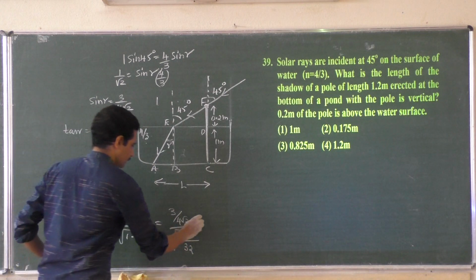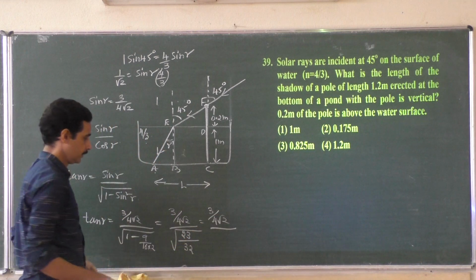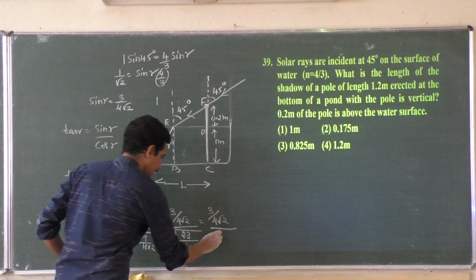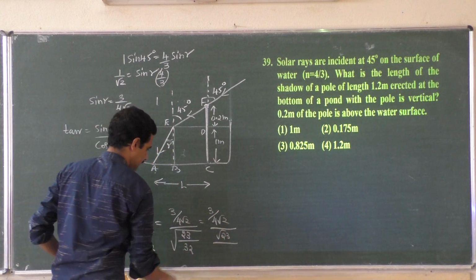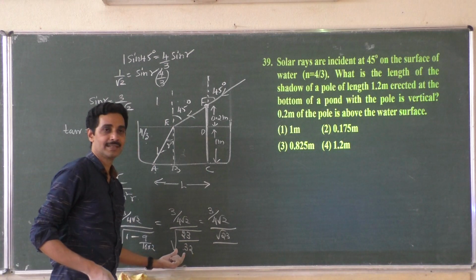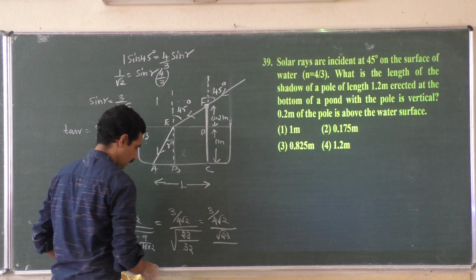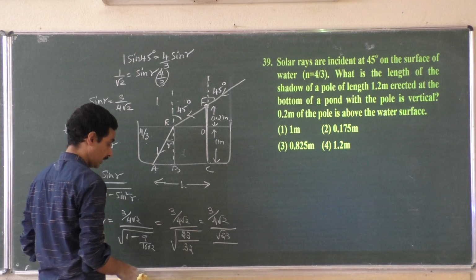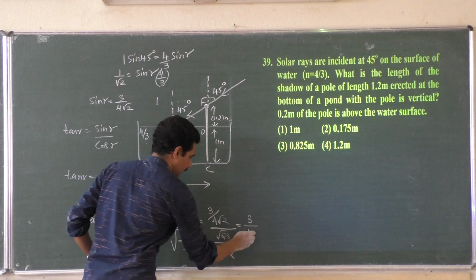That is equal to 3/4√2 by root of 23 divided by, now can I write this as 4√2 again, 32, 16 into 2, 16 outside the square root, 4√2. So what is this? 3/√23, that's all.